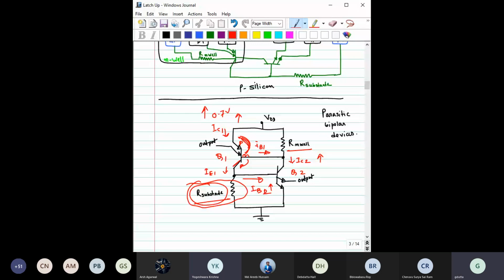So it will try to grab as much current from this IB1 as well, and that will result in an increase in IB1. If IB1 increases, that will further increase IC1. If IC1 increases, that will increase IE1. IE1 increases, that will again increase IB2. IB2 increases, that will again increase IC2, right? That will again increase IB1, and the whole process would be repeated, right?